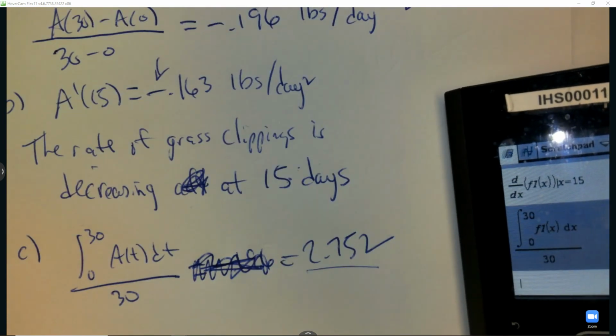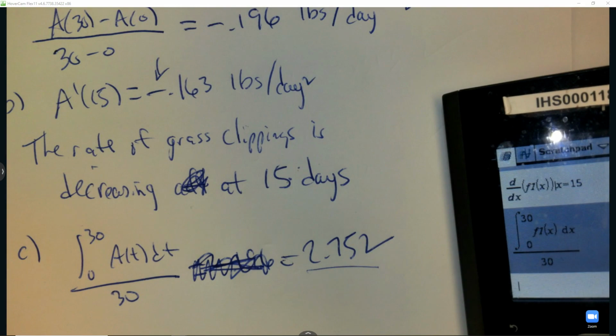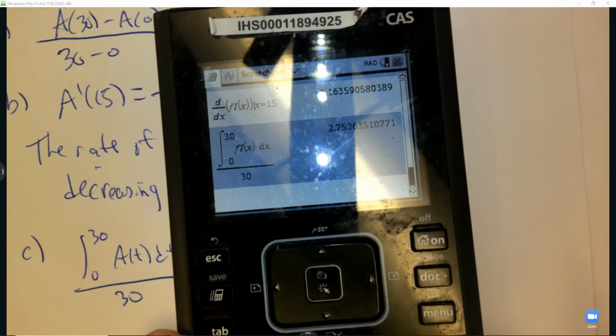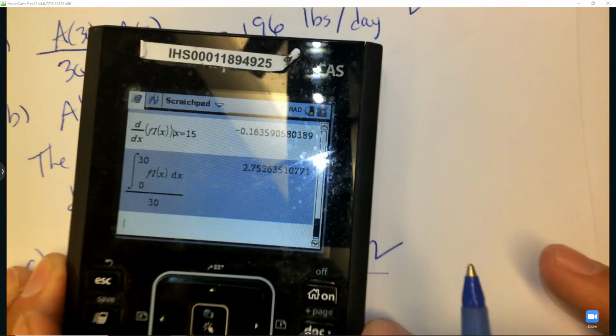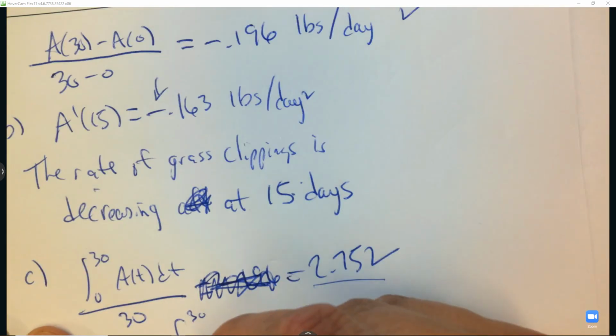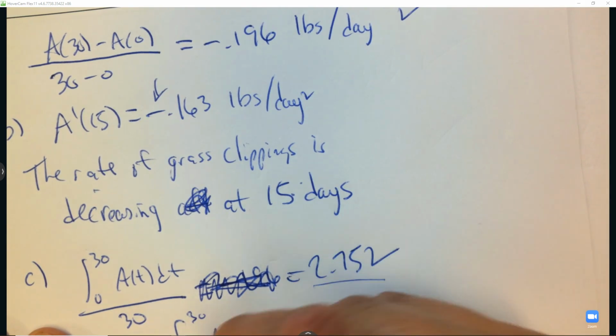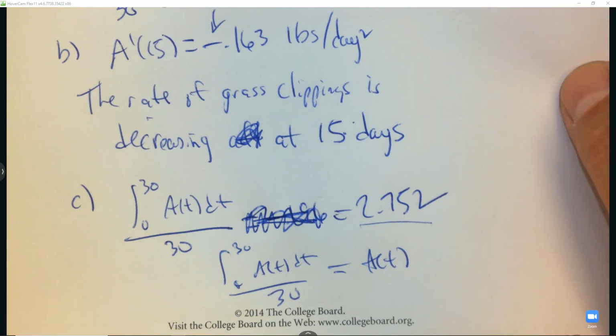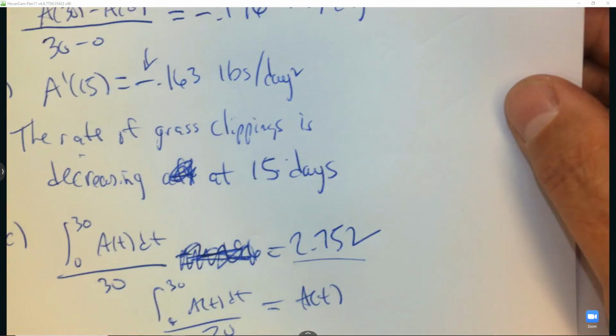Find the time. You know what? I'm going to do it this way. So I'm going to create an equation. This is really what I wanted to do. The answer key is not accurate. It happens. I want it equal to that. So when the average amount is equal to here, when are they equal to each other?